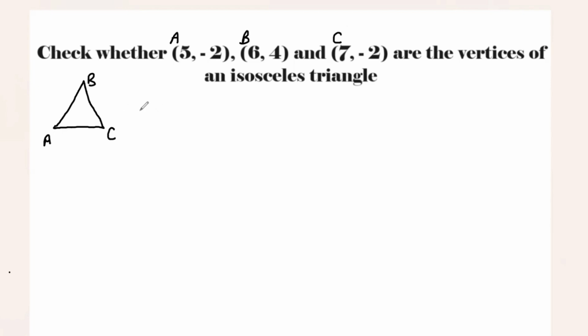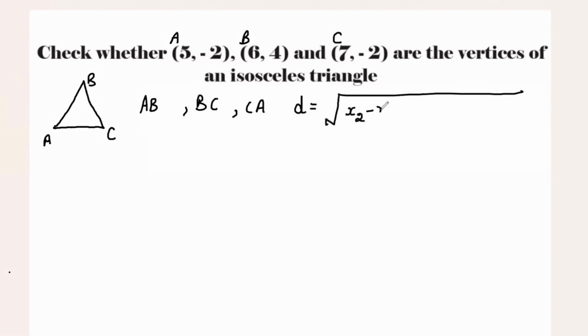So I have to calculate the length of AB, BC and CA using the distance formula, which is d equals square root of (x2 minus x1) whole square plus (y2 minus y1) whole square.